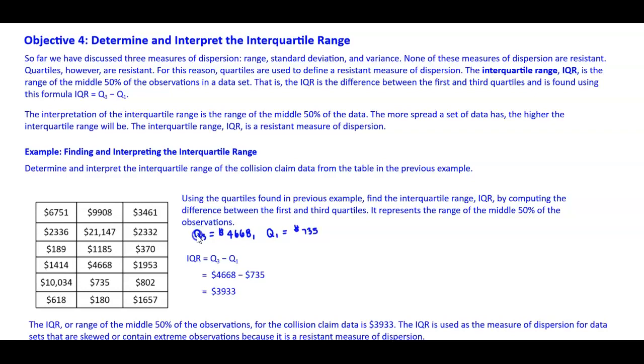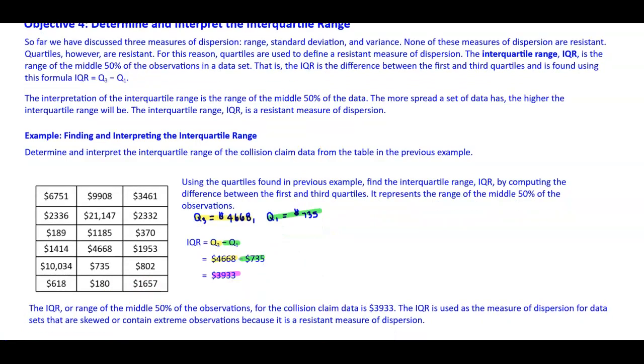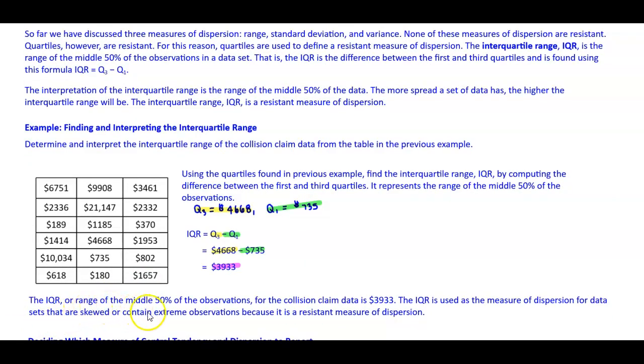So we're going to take quartile 3, which is 4,668, and subtract quartile 1, which is 735, to get the result of 3,933. So the IQR, or range of the middle 50% of the observations for the collision claim data, is 3,933.